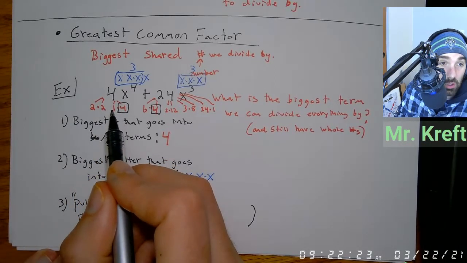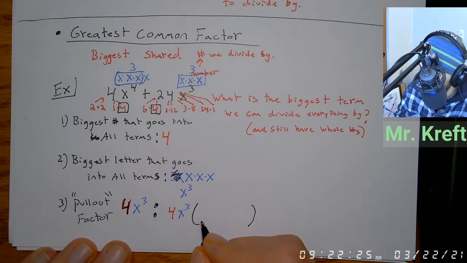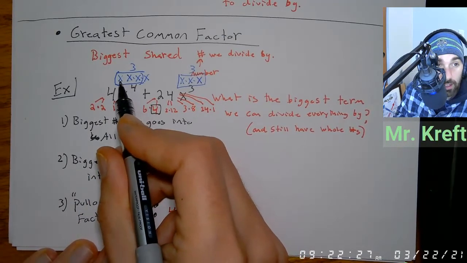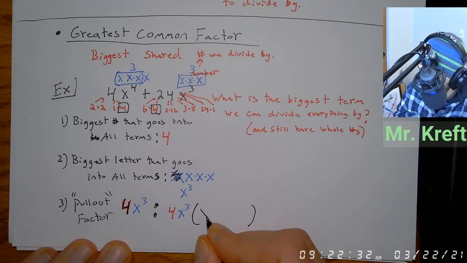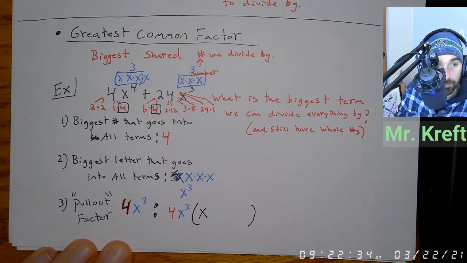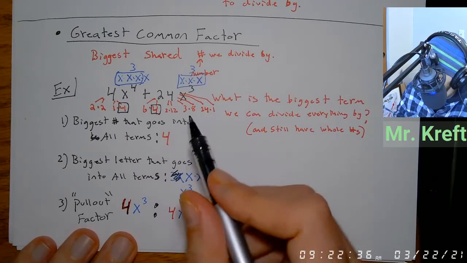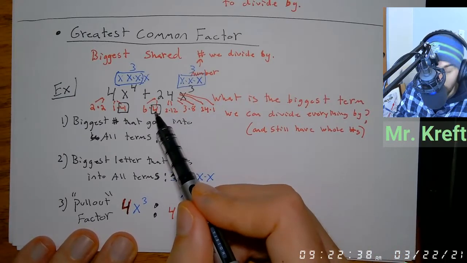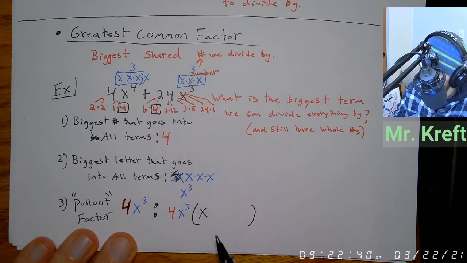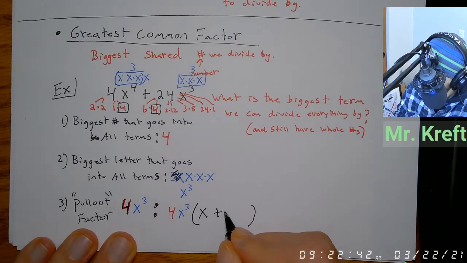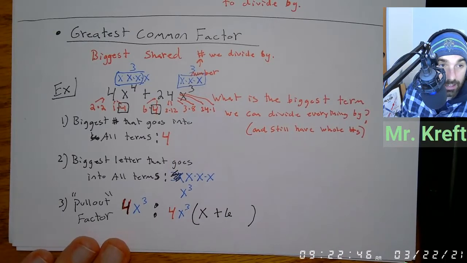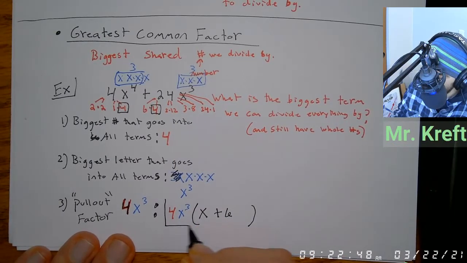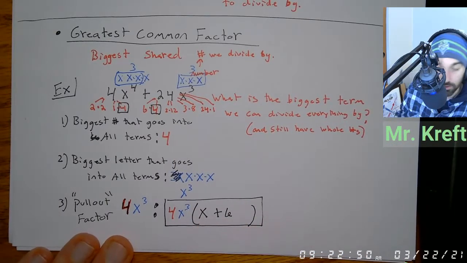So what's left is going to be 1. So there's just going to be a 1 here. And then if I pull out a 3, then there's only 1 x. So this is just going to be x. And then here, if I pull out a 4, then I'm going to have 6 left. And then I'm not going to have any x's like that. So this right here is our answer.